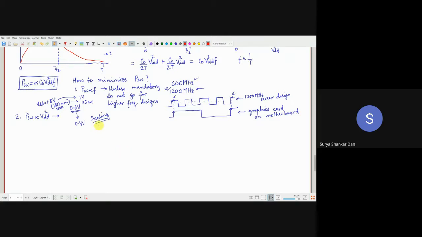So scaling will help us with VDD, but this scaling has to do with the technology node itself, so you have to change the technology node. That is part of the course project, where we will see the influence of scaling technology, the libraries and all that. However, once the technology library is fixed, can you reduce the switching power in the design aspect?